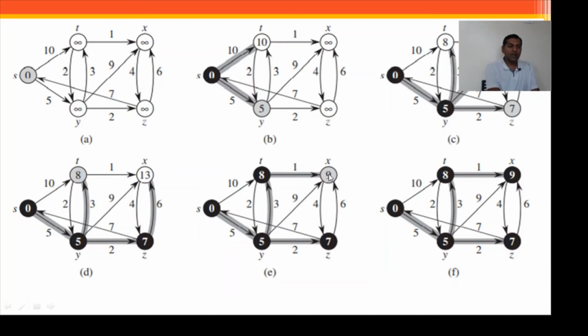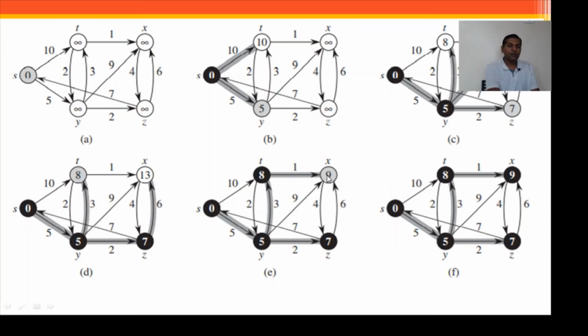The adjacent vertex of X, with 9, is Z: 9 plus 4 is 13, and 13 is not better than 7, so we will not relax this particular edge and vertex. Keep it as it is.